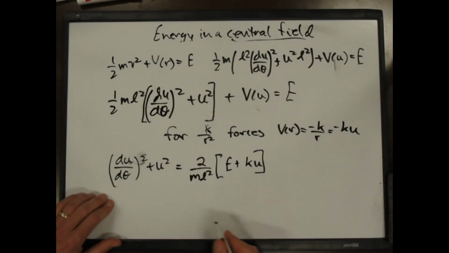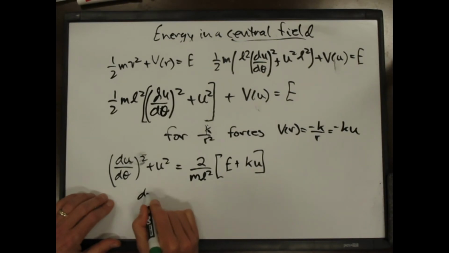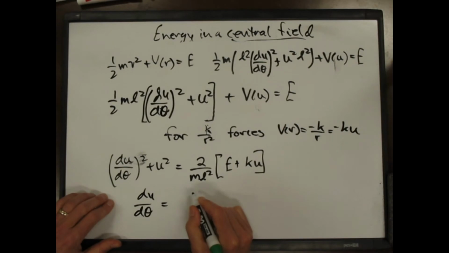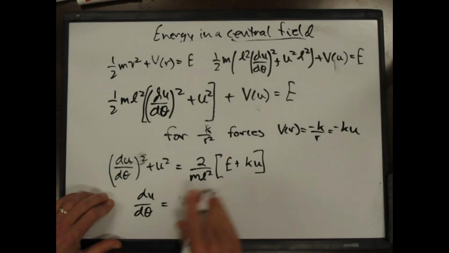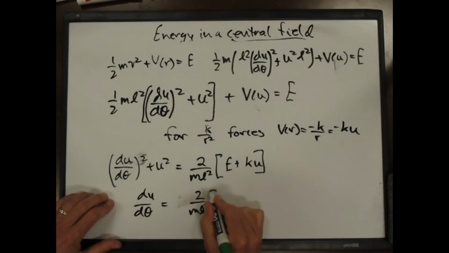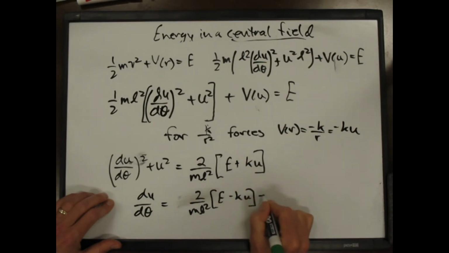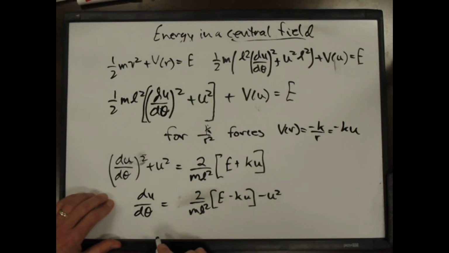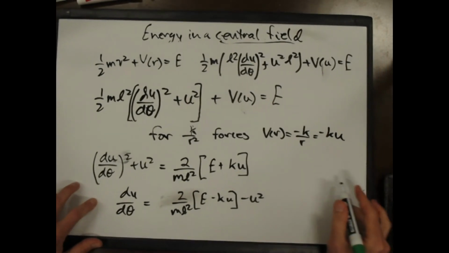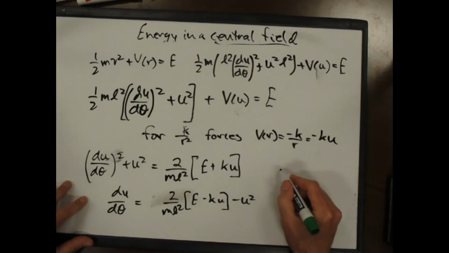And then I can subtract a u squared over there, and I can say, look, du d theta is equal to the square root of 2 over m L squared times E plus ku minus u squared. And then I can separate variables.